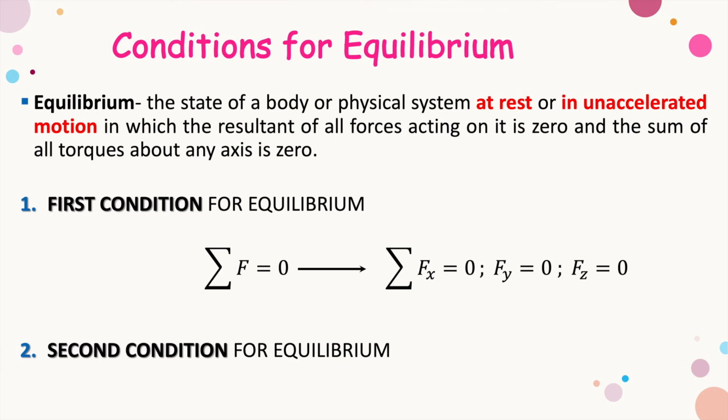The second condition is that your net torque is equal to 0. Again, I repeat, there are two situations in which the system is in equilibrium. One, at rest, with no rotational motion. Two, there is rotational motion but your angular velocity is constant. That means your alpha is equal to 0.